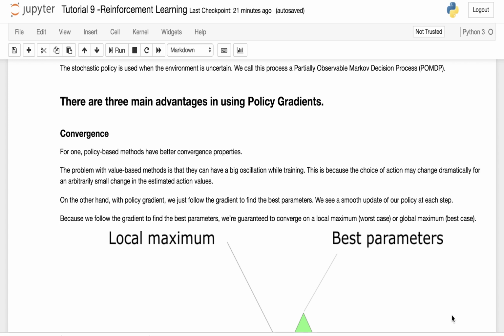Most reinforcement learning algorithms are evaluated this way.